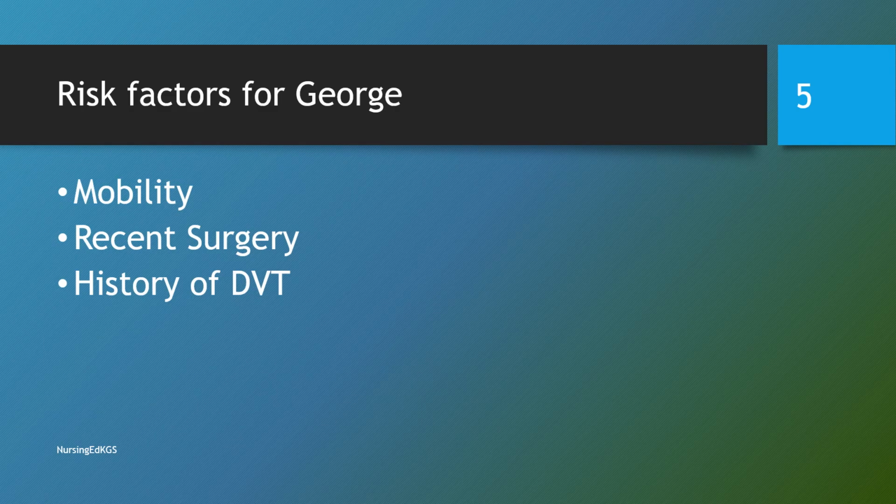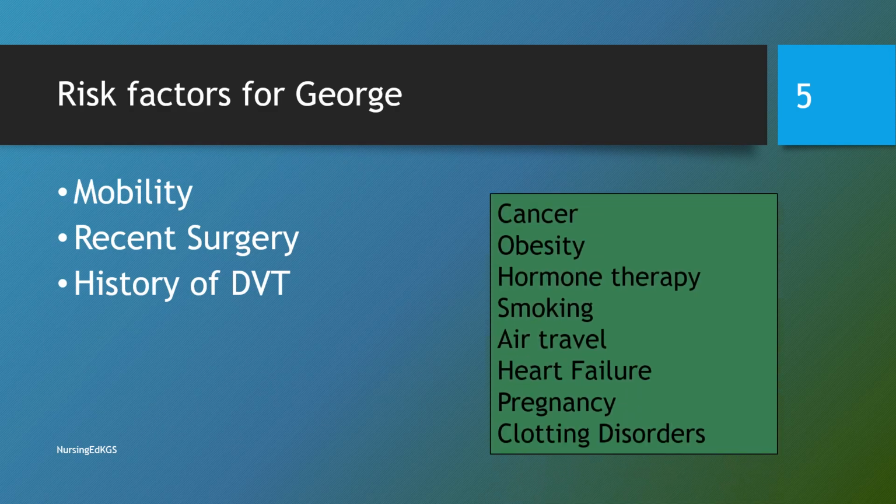History of DVT. Some other risk factors include cancer, obesity, hormone therapy, and this includes oral contraceptives, cigarette smoking, prolonged air travel, heart failure, pregnancy, and clotting disorders.